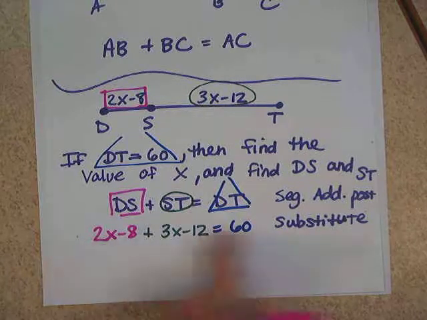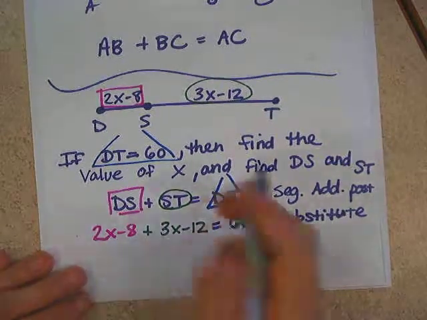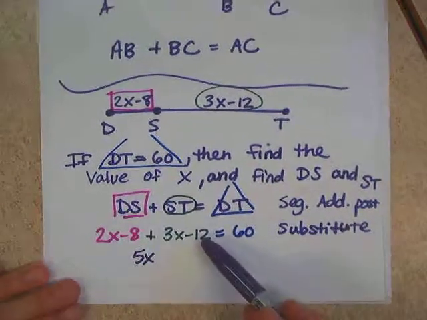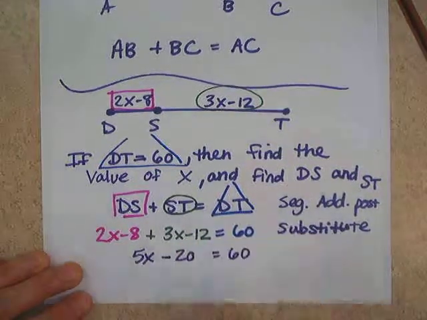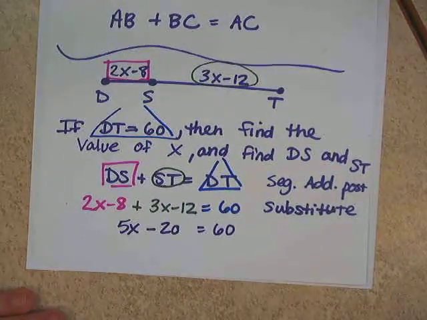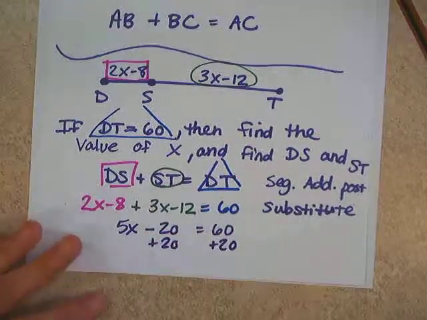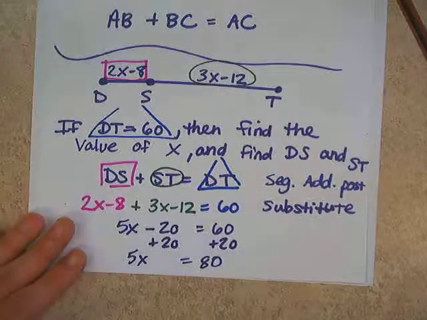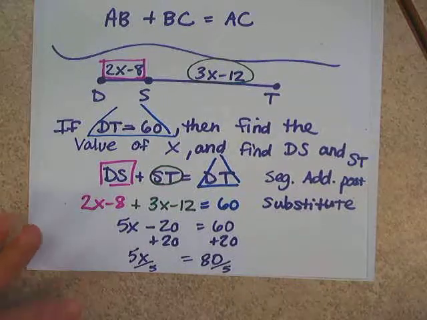Once we have that equation set up, then it's just like one of the problems I had to do a moment ago. To solve this, I add my like terms. So 2x and 3x gives me 5x. Negative 8 and negative 12 gives me negative 20. Add 20, so I get 5x equals 80.